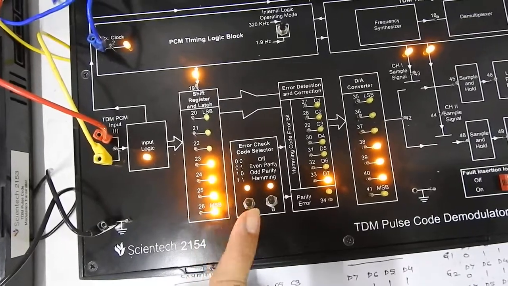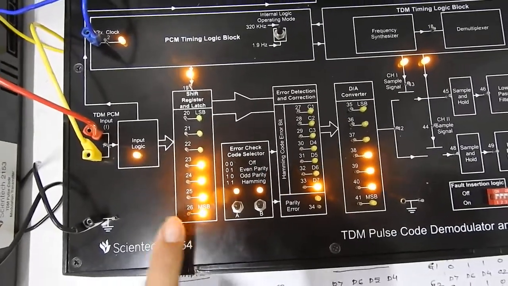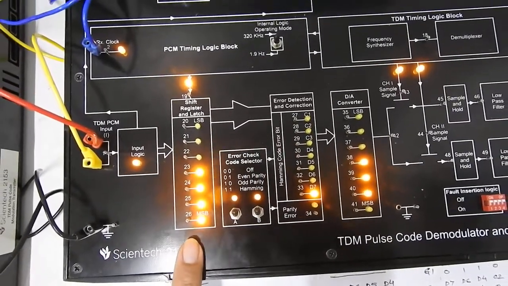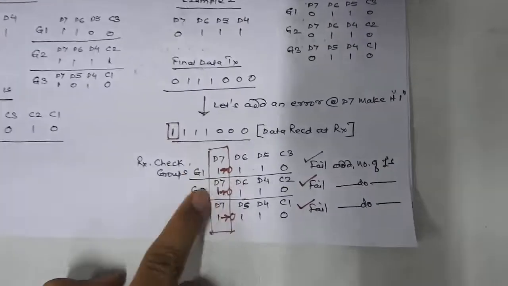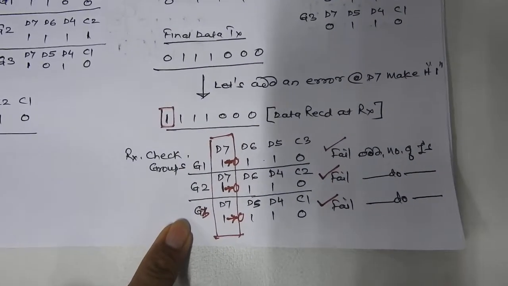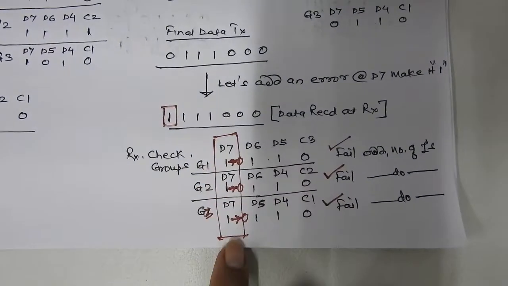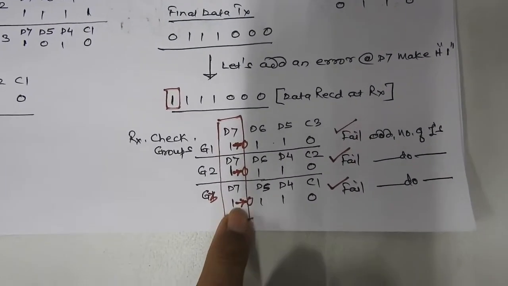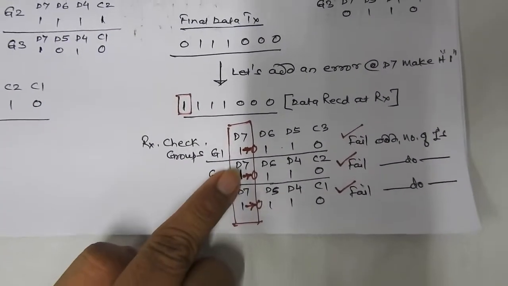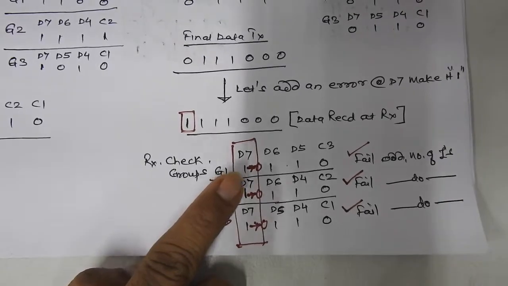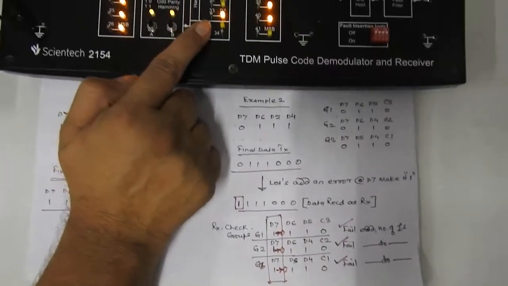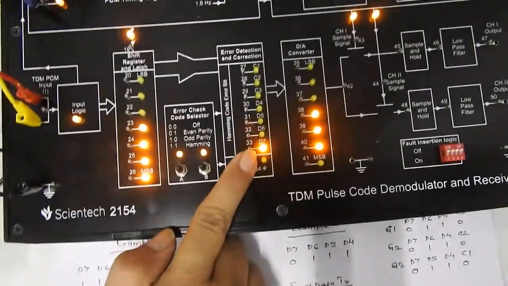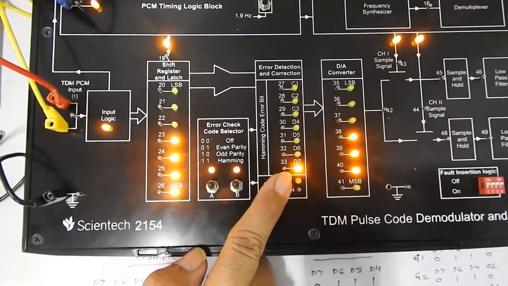When this data is tested for different groups, we came to know that all of G1, G2 and G3 failed. This D7 was common, so it concluded that this D7 bit is wrong, which is coming as 1. So you can see that it is showing the position of the error.